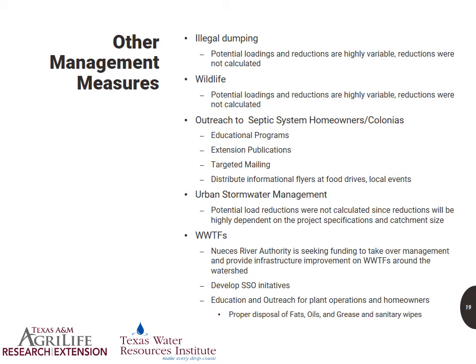So we'll make sure that that is in the watershed protection plan. Again, wildlife is so variable and so hard to estimate populations within a watershed, it's not something that is easy to put in a management measure or estimate its improvements, but we do know that it's a contributor of bacteria. So wildlife is mentioned as a potential source because we know it is.